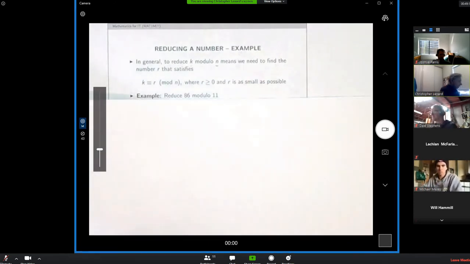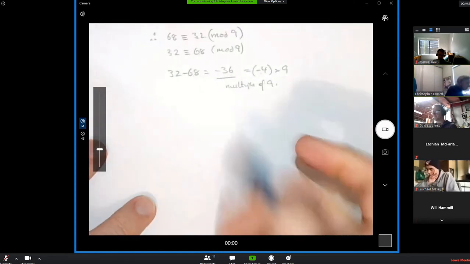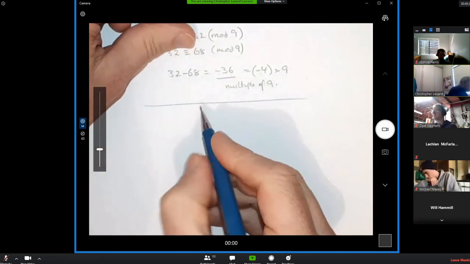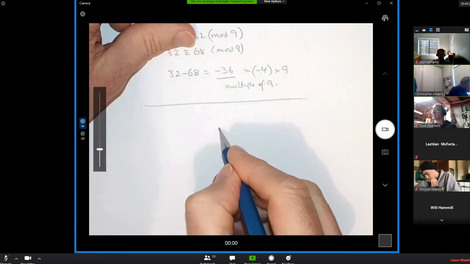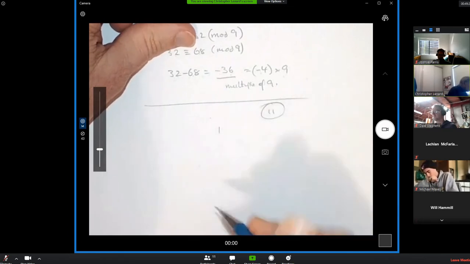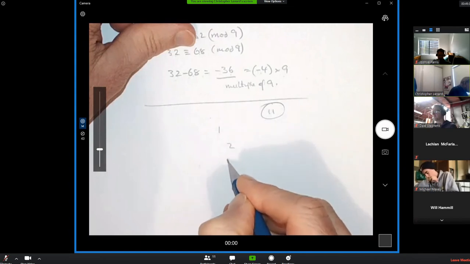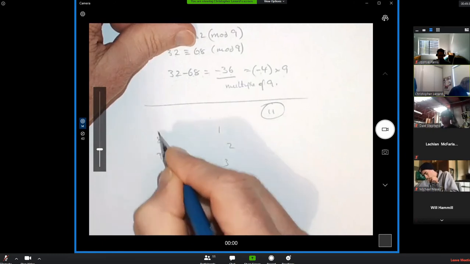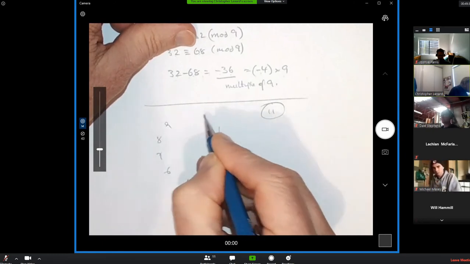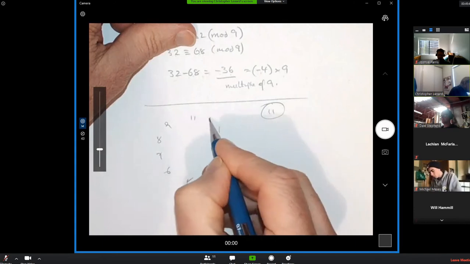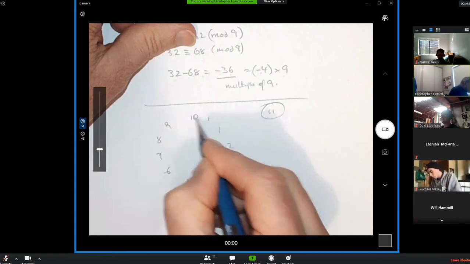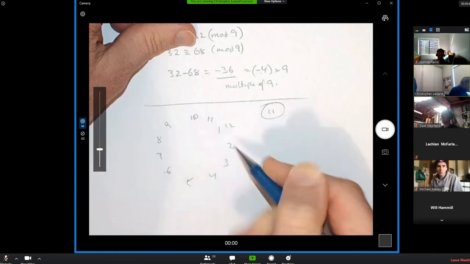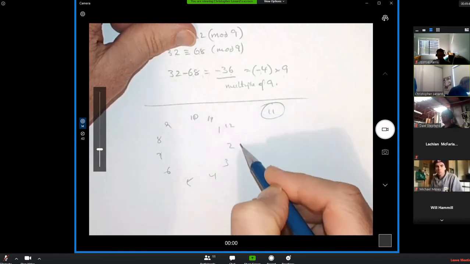Okay, there are a few ways of doing this. Some are more tedious than others. The obvious way would simply be to start with 1 and count modulo 11: 1, 2, 3, 4, 5, 6, 7, 8, 9, 10, 11, 12, 13, 14.